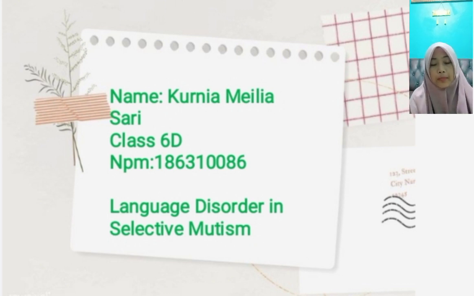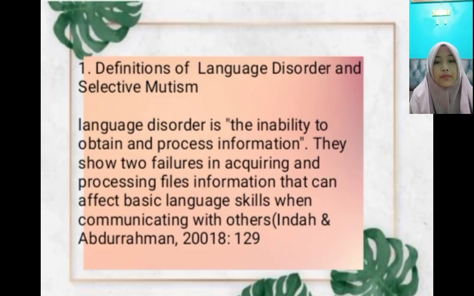I want to explain about language disorder in selective mutism. First, definitions of language disorder and selective mutism. According to Indah and Abdurrahman, 2018, language disorder is the inability to obtain and process information.